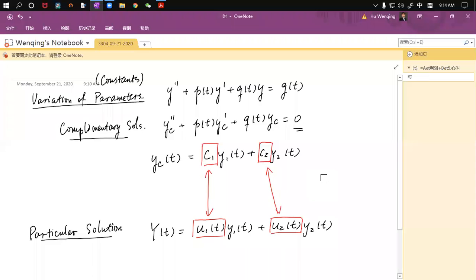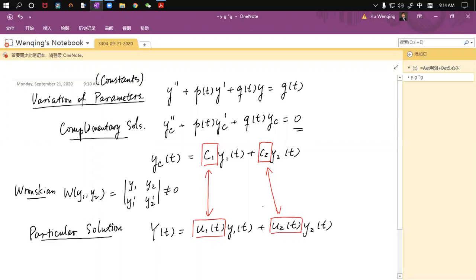The Wronskian W(y1, y2) is equal to the determinant with rows y1, y2 and y1', y2'. This has to be non-zero.